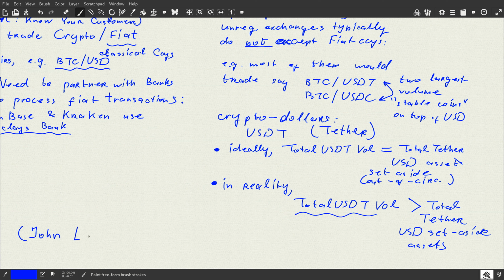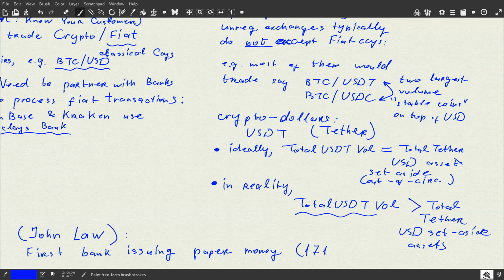In the 18th century, John Law first founded the first bank issuing paper money, and that was in around 1718, if I remember correctly.